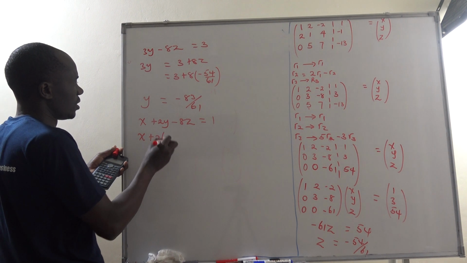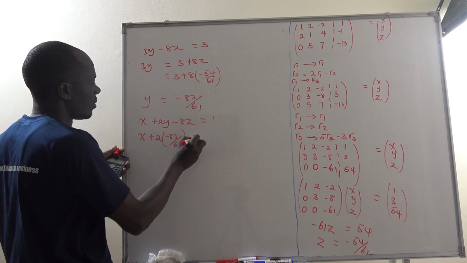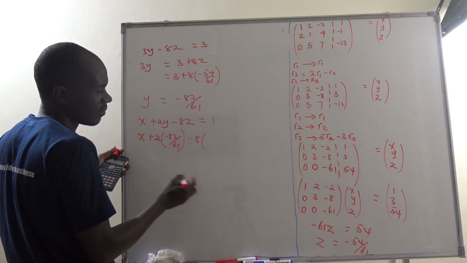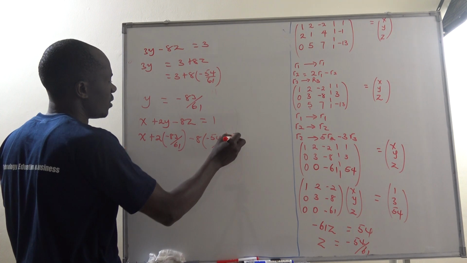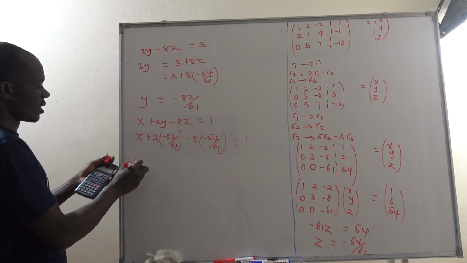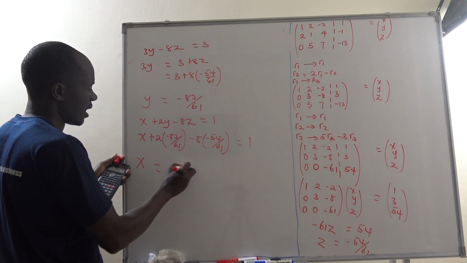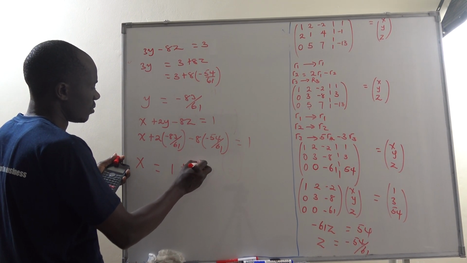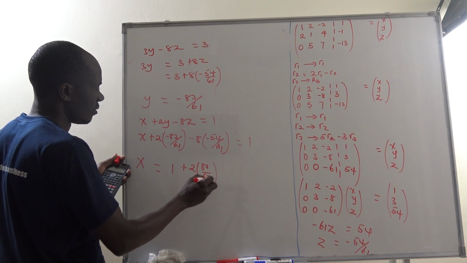x plus 2 into negative 83 out of 61 minus 8 into, the value of z is already negative 54 out of 61 equals 1. So, can we make x alone? x becomes 1, take them, that becomes plus 2 into 83 out of 61.